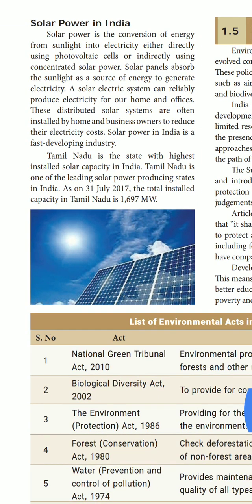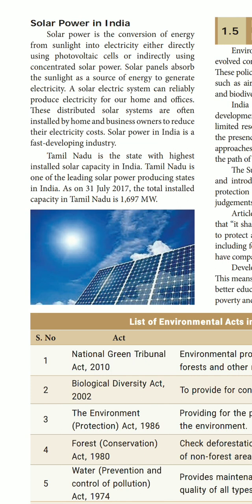How are we getting electricity from the solar panel? Solar power is the conversion of energy from sunlight into electricity, either directly using photovoltaic cells or indirectly using concentrated solar power. Solar panels absorb the sunlight as a source of energy to generate electricity. So a solar electric system can reliably produce electricity for our home and offices.